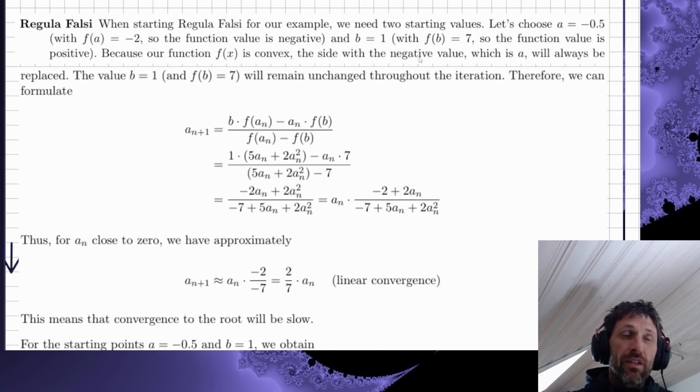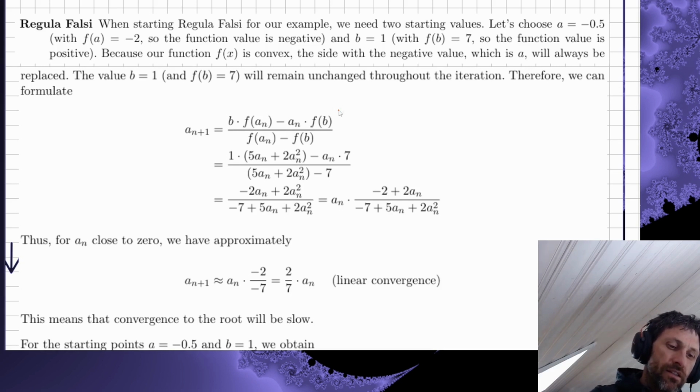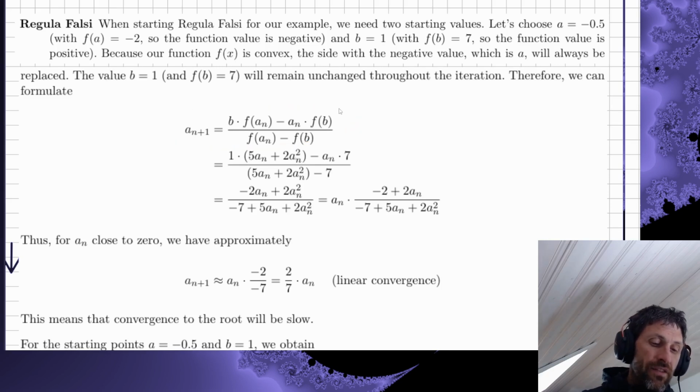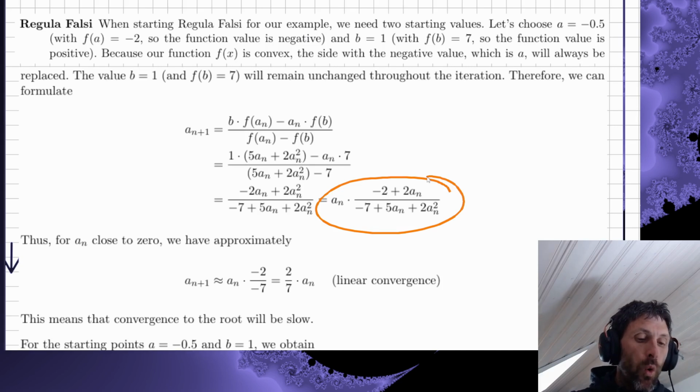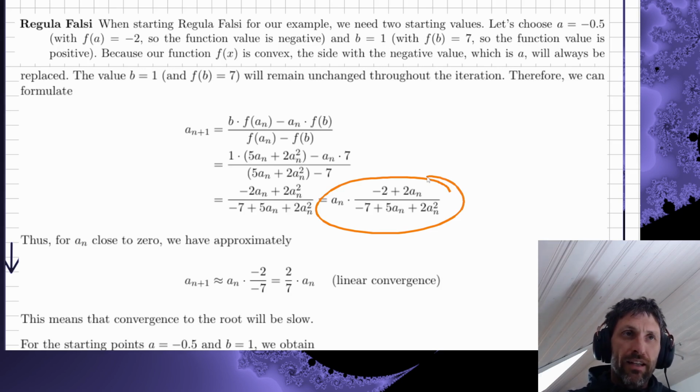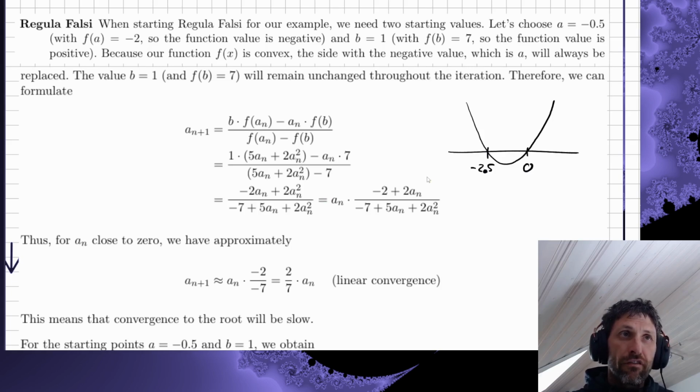Regula falsi is convergent only, we have only linear convergence, and now we do the analysis. This is the recursion of regula falsi, and then you can write it that way. You always will replace the same side when applying regula falsi for our example, because of the convex nature of the function.